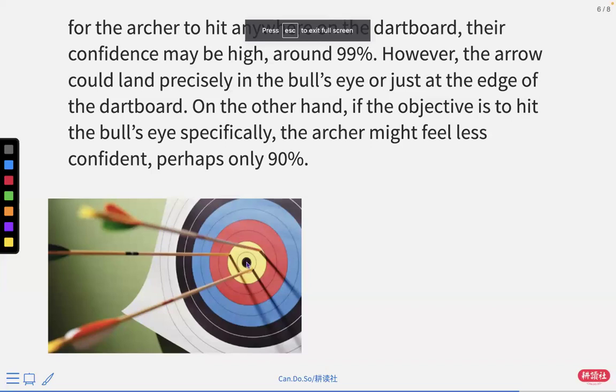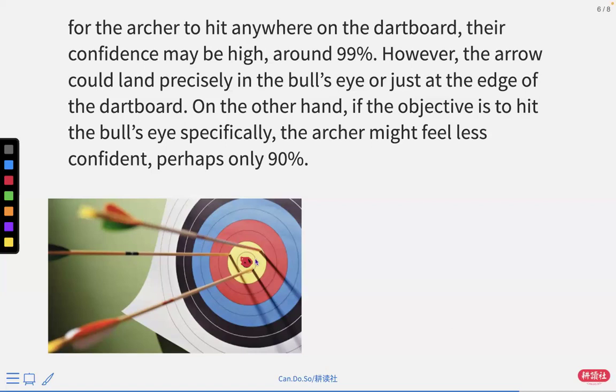But if he is asked how confident he is of hitting the bullseye, what do you think? I think they might not be so confident. Maybe 90%, or if they are very good, maybe 95%.